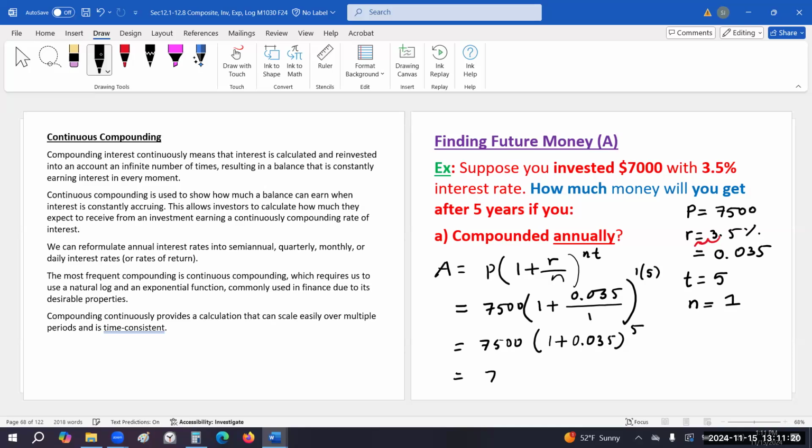In other words, 7,000 times 1.035 to the 5. I did write 7,500, right? Oh man, my bad, sorry, 7,000.